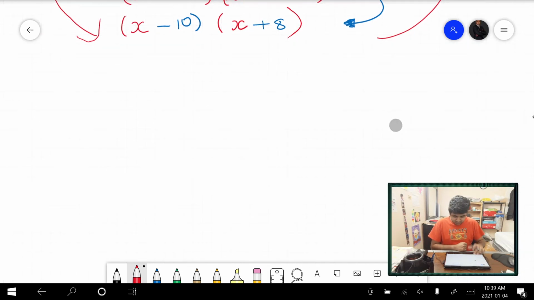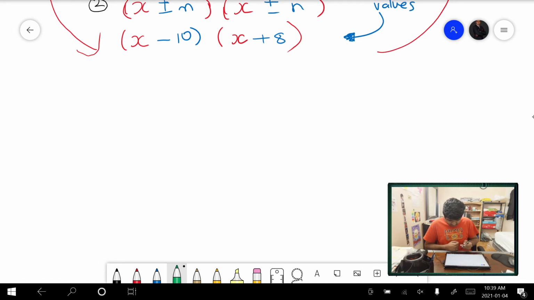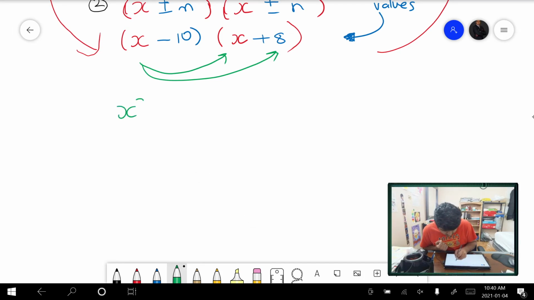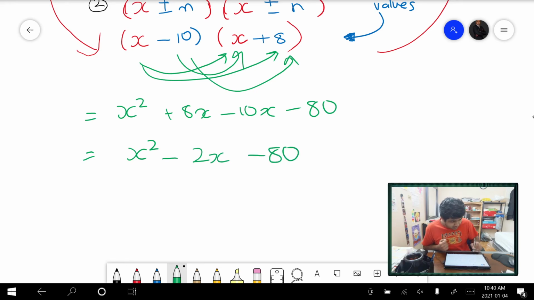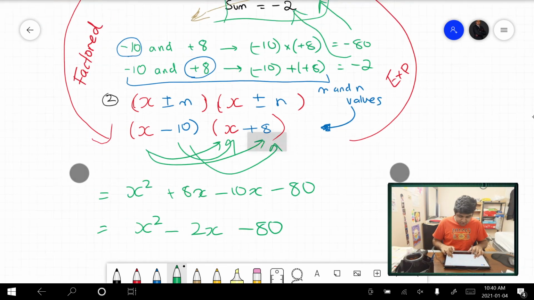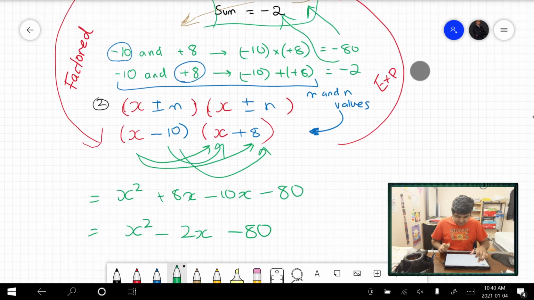So if we take a look, we're right over here. Right? And we're going to go through our foiling technique. Where we know this is going to be x squared. We know that the second one is going to be plus 8x. The third one is going to be minus 10x. And the last one right here is going to be negative 80, which equals x squared minus 2x minus 80, which, if we go back to our actual question, matches it exactly.